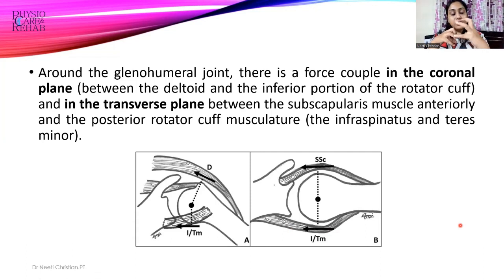The contraction is similar to the agonist muscle but in the opposite direction, so that it gives a neutralizing force to the joint and we can prevent the dislocating force at the joint. So it gives neutralization of the joint.